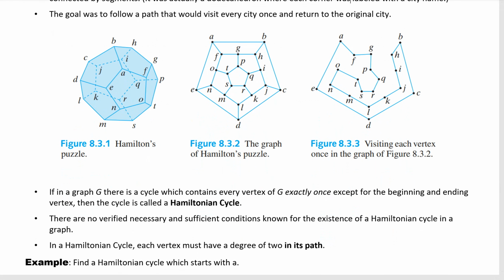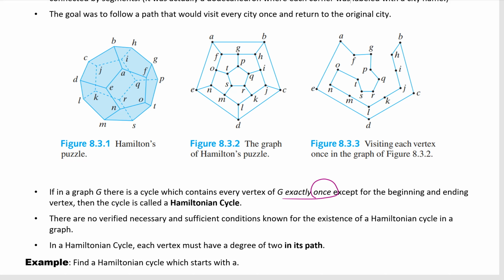If in a graph G there is a cycle which contains every vertex of G exactly once, except for the beginning and the ending vertex, then we say the cycle is called a Hamiltonian cycle. And there are no verified necessary and sufficient conditions known for the existence of Hamiltonian cycles in a graph.